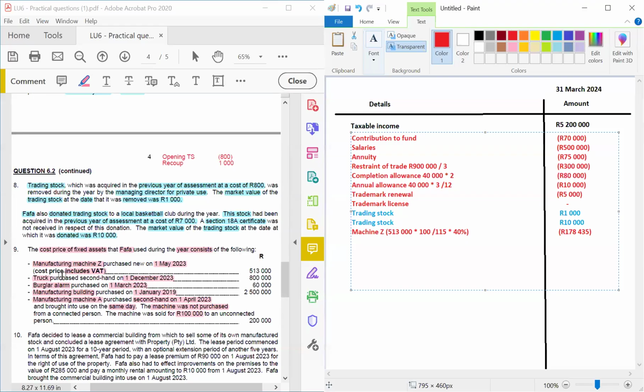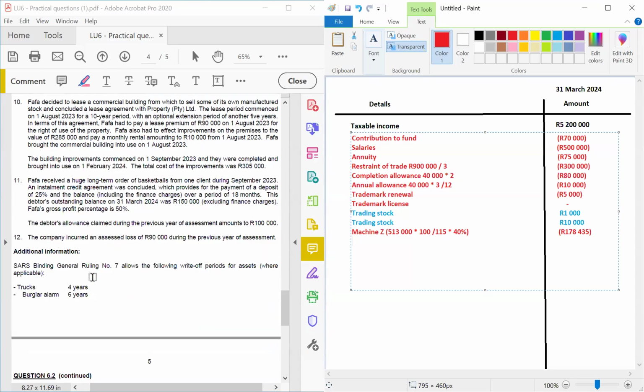Now, moving forth, we have a truck. A truck is not in the process of manufacture. I'm not going to apply section 12C. A truck, we apply section 11E. Section 11E, it is obviously according to the binding general ruling number 7. So they are telling us here that trucks is 4 years.